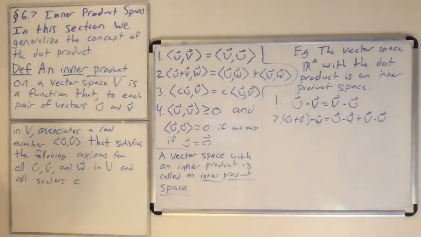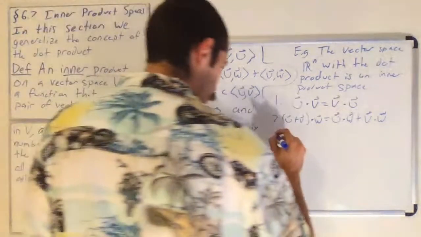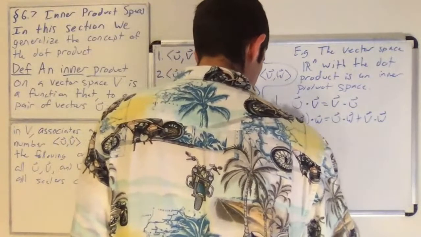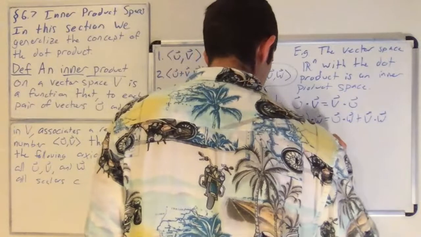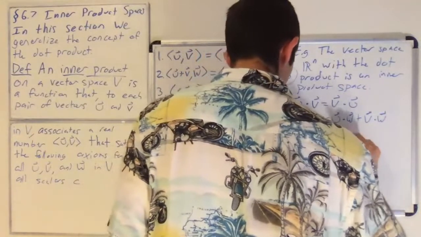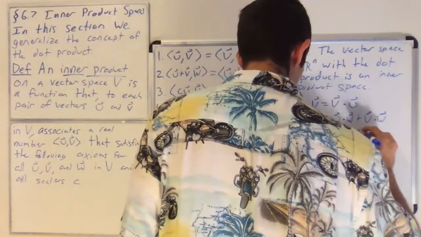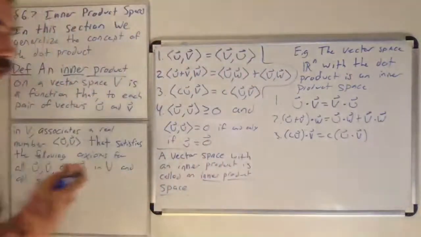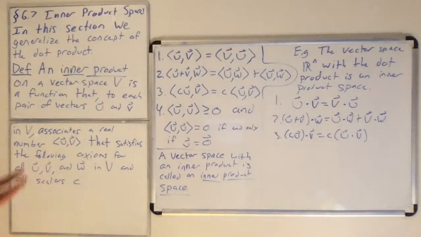U plus v dot w is equal to u dot w plus v dot w. Cu dot v is equal to c times u dot v, right? We had a theorem that said all this. So these are the four conditions that have to be satisfied.